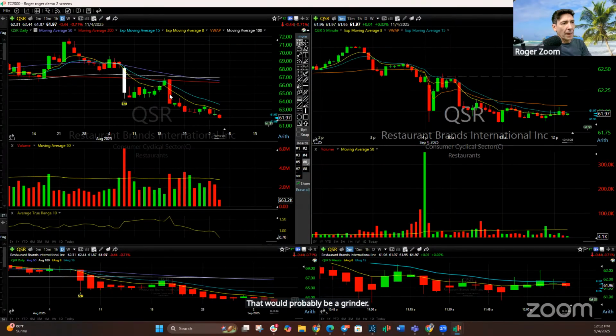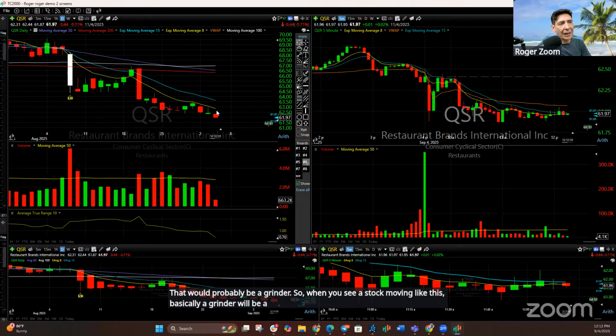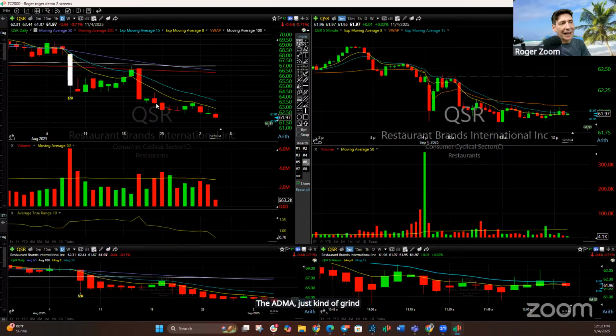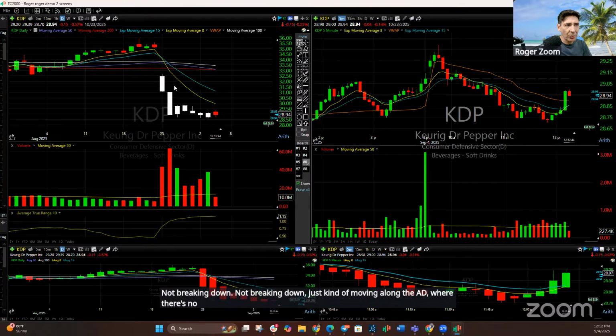So when you see a stock moving like this, basically a grinder will be a stock that's moving along the 8-day EMA, just kind of grinding along it, not breaking down, just kind of moving along the 8-day. See how there's a lot of air here? You look for where it's all price right here, not air.